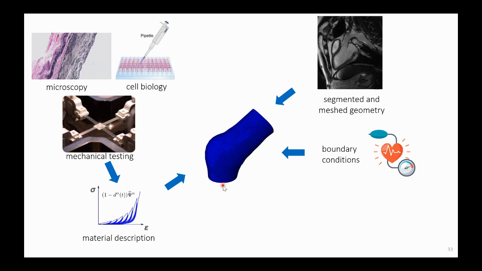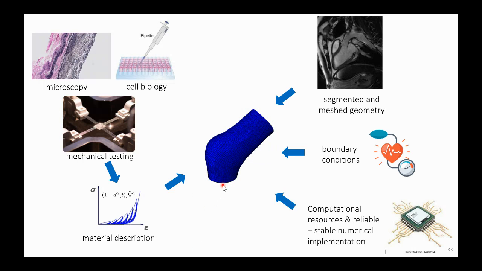And can we introduce that kind of activity in the material description? And obviously also a good, reliable and stable numerical implementation is required to have a good numerical model. So let's first talk a bit about the material description.